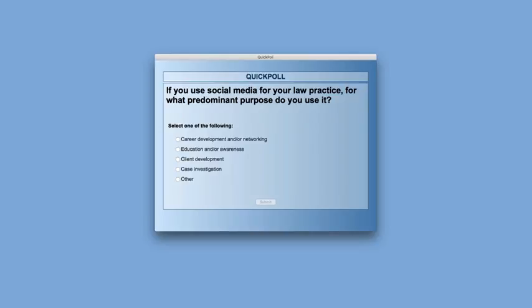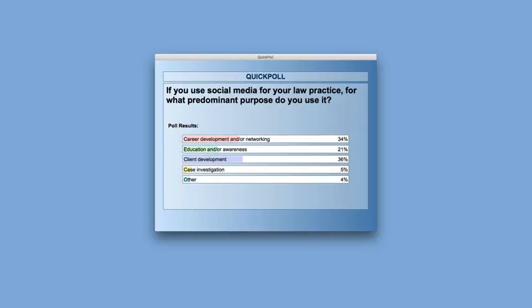And if you don't use it, you don't have to answer the question. Okay, great. And everyone is in there and the votes are coming in. Please go ahead and select your final answer and I will close the poll. And the results are in.